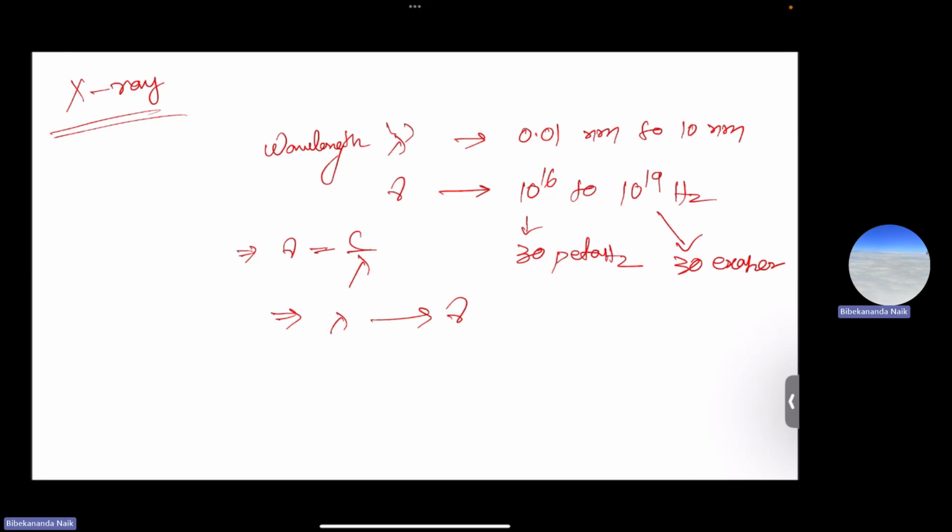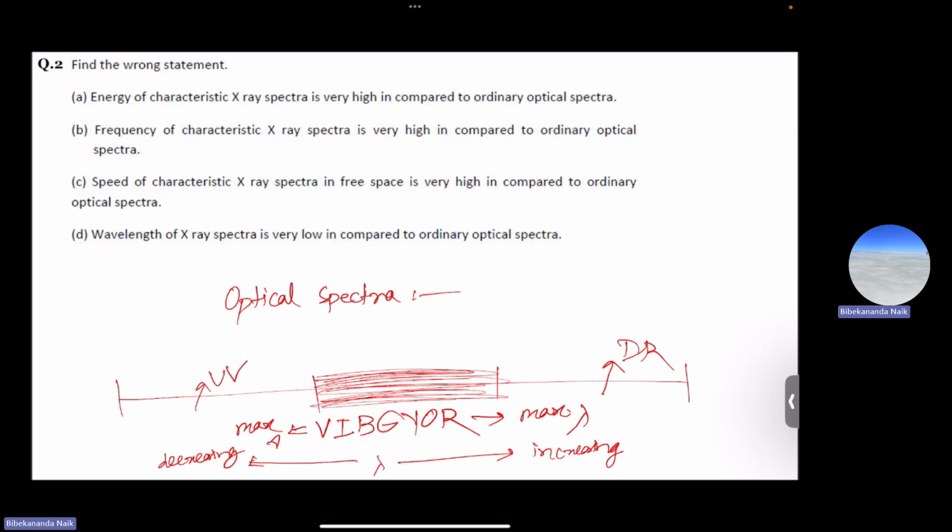Energy E is equal to h nu, so E is directly proportional to nu. Since frequency is high, energy will be high. The first option says energy of characteristic X-ray spectra is very high in comparison to optical spectra. This option is true because the frequency of X-ray spectra is very high, so the energy is also very high.